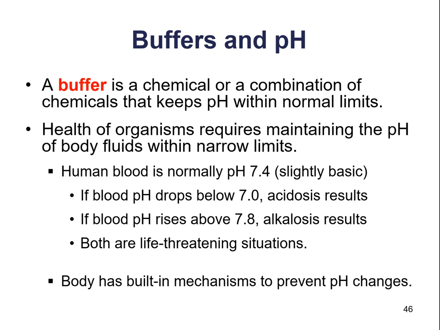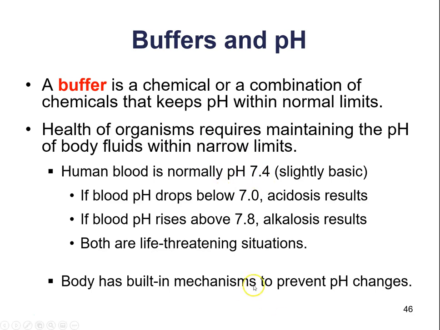If that buffer system weren't present, your body wouldn't be able to maintain that pH at 7.4. It would be almost impossible. Even with the buffer system in place, you still can have deviations of pH if something major is going on, but that buffer system is there to maintain that pH. Without it, there'd be no way we would be able to maintain that pH.